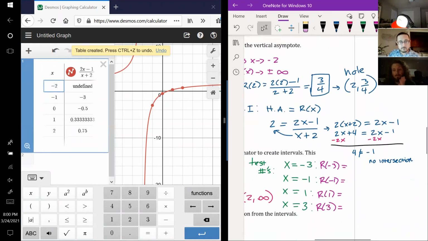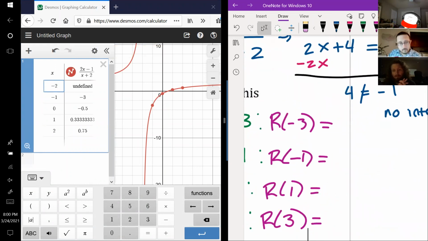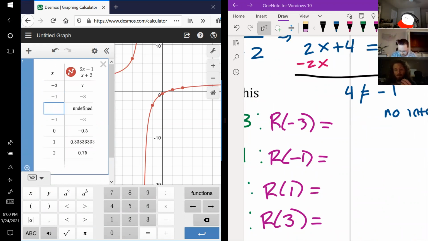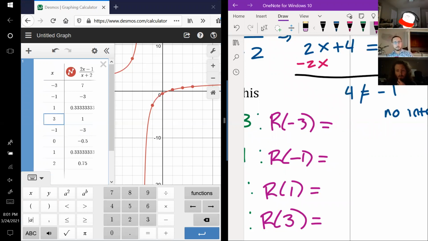And here we go. -3, -1, 1, and 3. So we get 7, -3, 0.33 repeating, and 1.